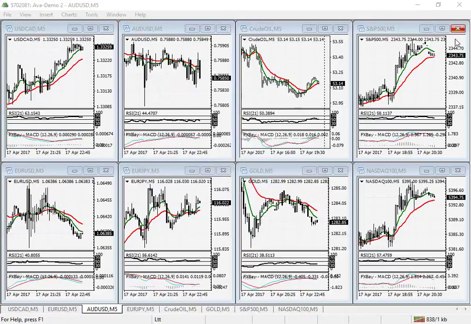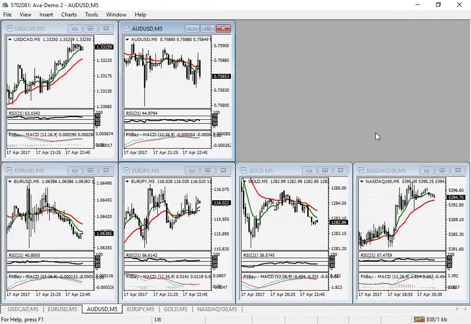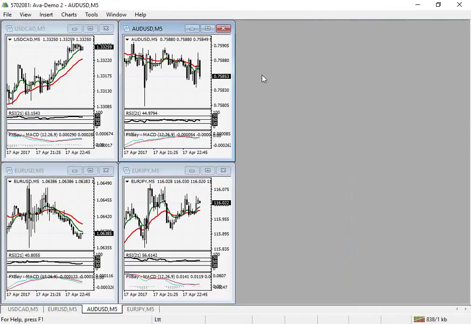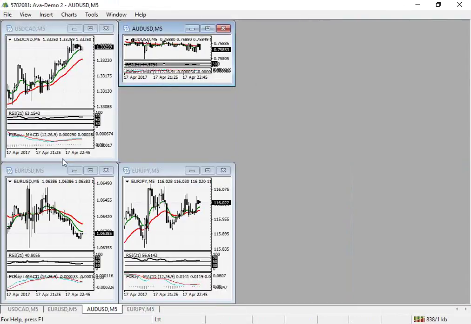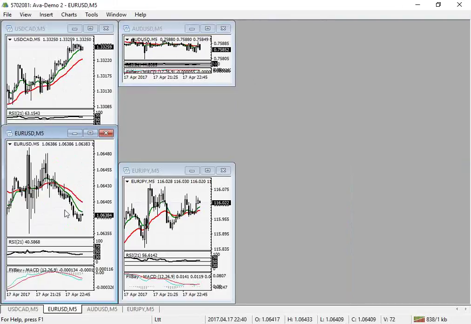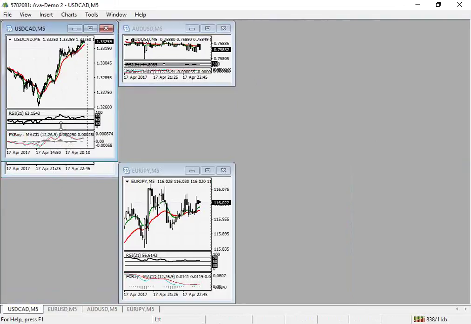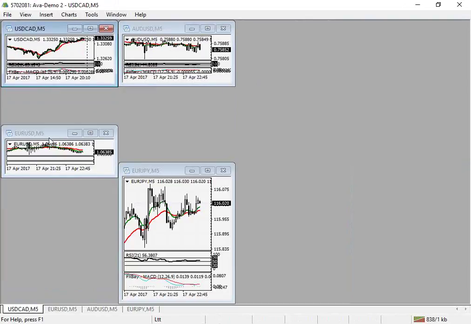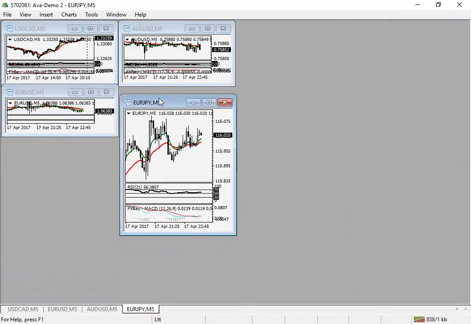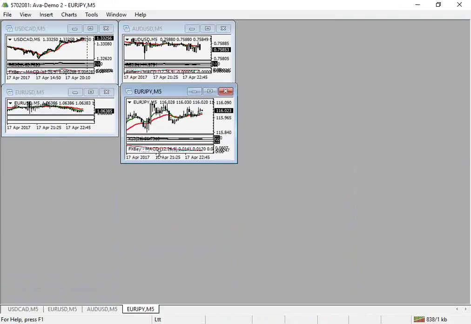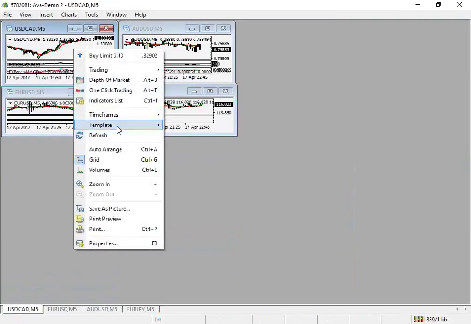Once you connect, you're not going to have all of this stuff showing up. So I'm going to delete all this for now. What you're going to have is a bunch of charts that are going to look something like this. It's going to kind of look a little awkward. And every chart's going to look different.